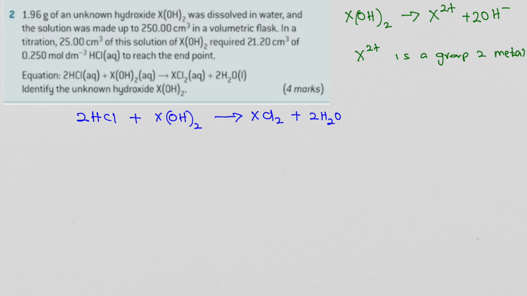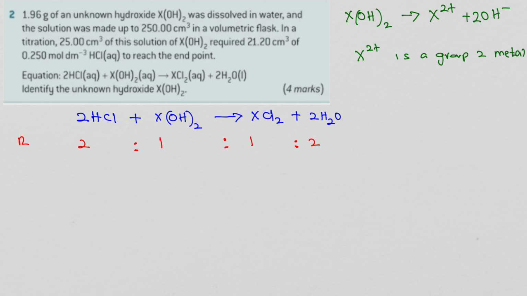So we now know where the X is coming from. It's group 2. At the same time, let's work out the stoichiometric ratio. This is 2 to 1 to 1 to 2.